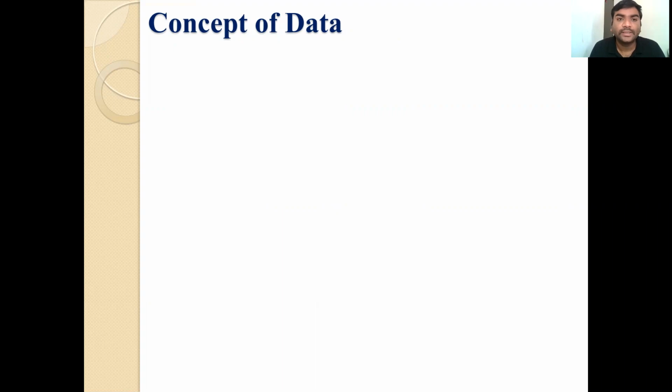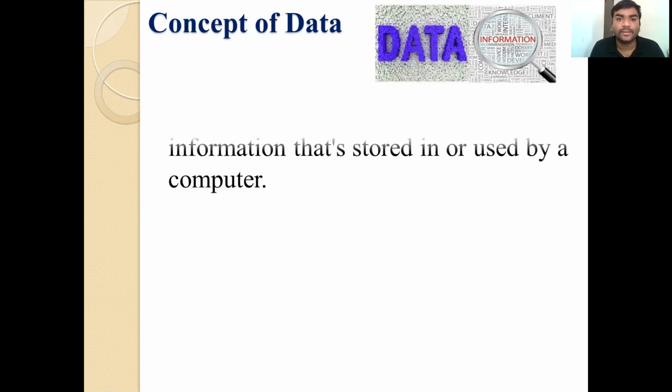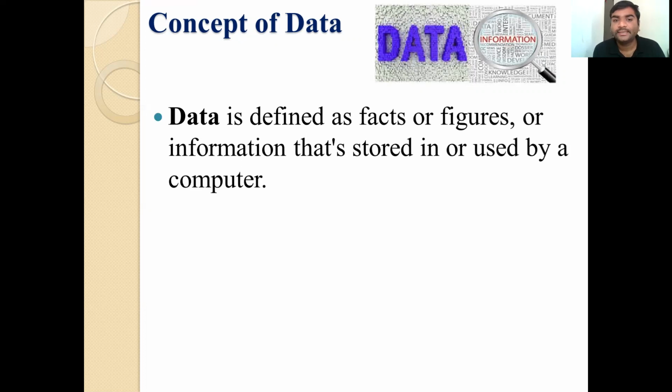If you are going to learn the database management system, then you should know what data is. Data is nothing but information. The information is available throughout the world. Data is defined as facts or figures or information that is stored in or used by a computer.